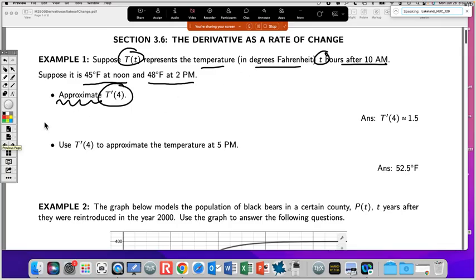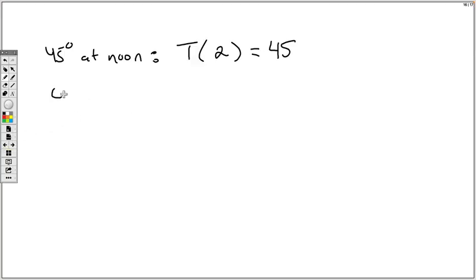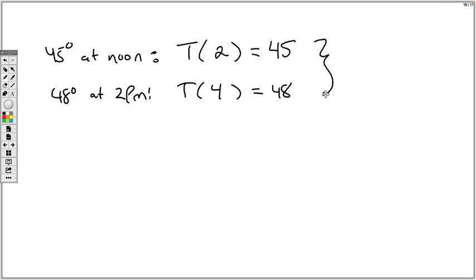We're told it's 48 degrees at 2 p.m. So what equation do I have from that? T of 4 is 48. Are we all cool with that?